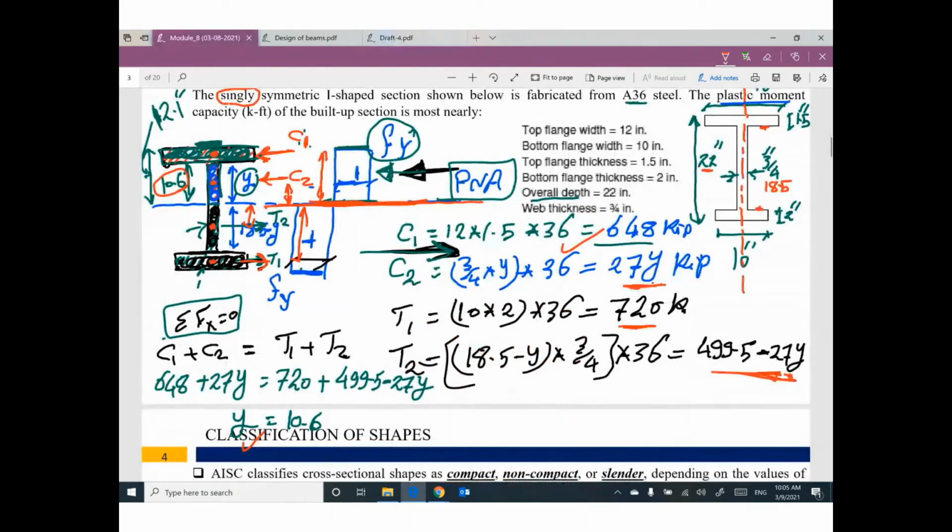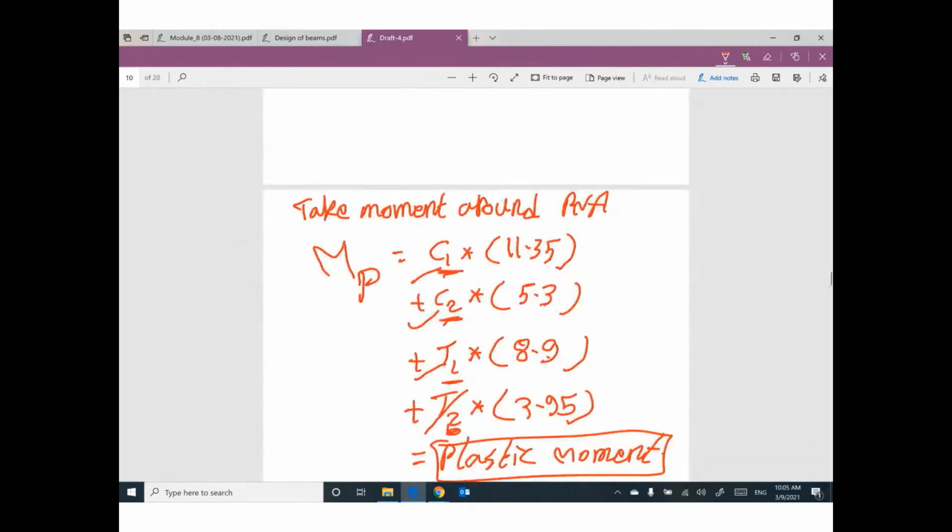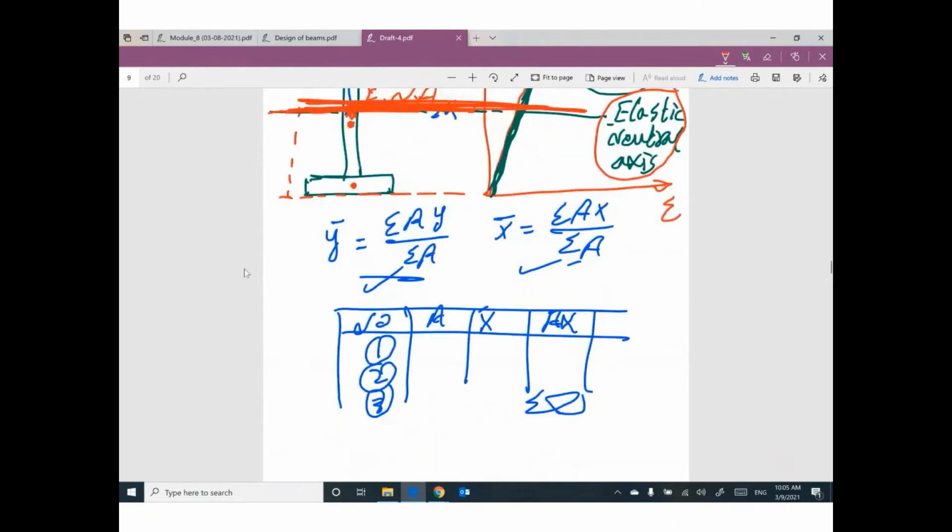So one more time, if you have a problem asking where the plastic neutral axis is, or asking about the plastic moment, it's very easy, but keep in mind we have a different technique used to locate the centroid.